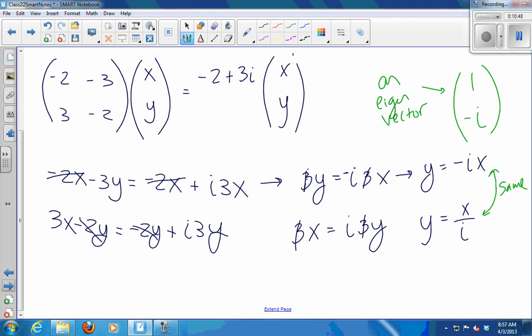So rather than waste everybody's time, I'm going to tell you the punchline ahead. Since we have an eigenvalue and an associated eigenvector, I can write a particular solution to my system of differential equations, right? e to the lambda t v.